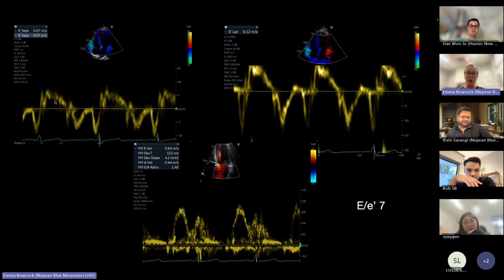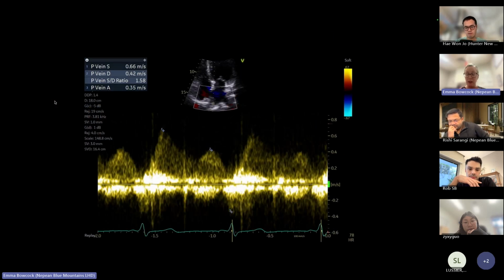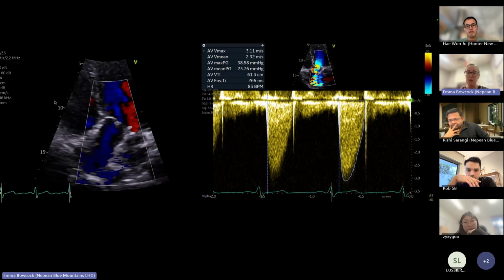There's quite a mixed literature on that though, and everyone behaves slightly differently. But I just wonder whether she has got slightly delayed relaxation for what you would expect in someone this young, probably because she's got chronic, so moderate aortic stenosis or some degree of aortic stenosis. That's all in keeping, and the S-wave predominance is in keeping with her not having raised LAP. So that was all fine.